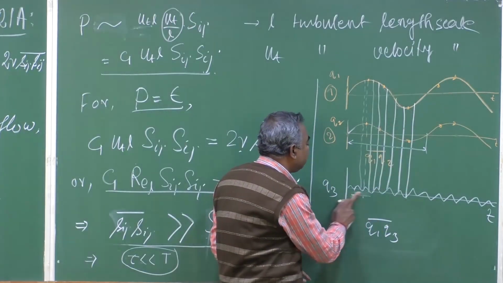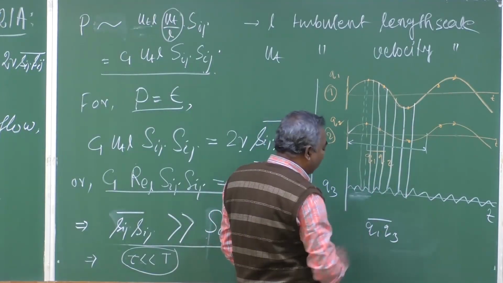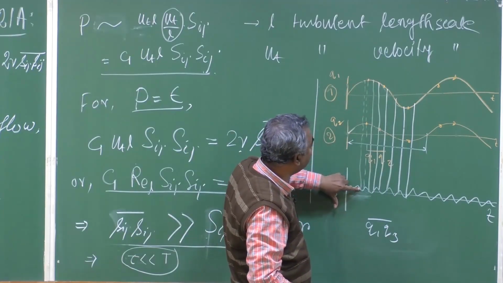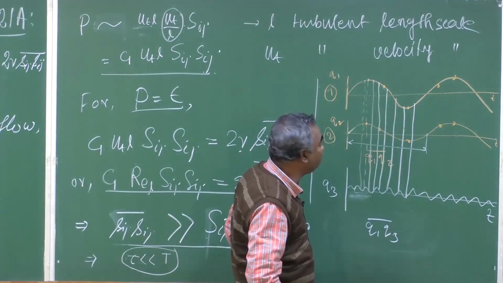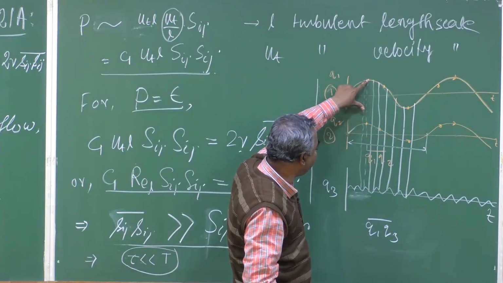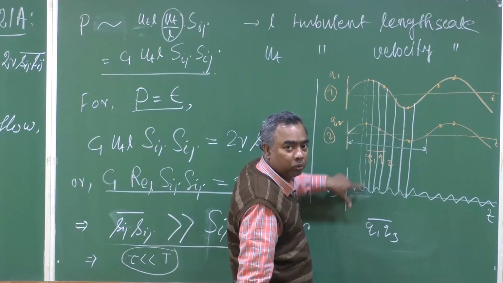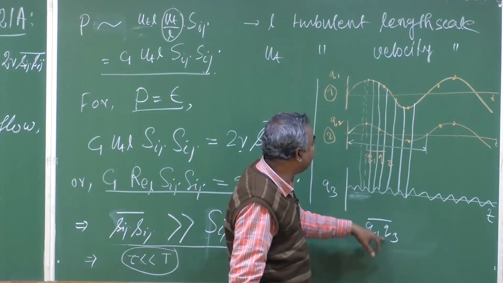Their frequency is not tuned; their frequency is way apart, that is what these two series say. And once their frequency is way apart, what is going to happen? If you take this point, the corresponding point is 0 here, so their multiplication gives you 0. The next point is maximum in this case, and the next point is again near 0. So again this multiplication of q1 and q3 is going to be 0.